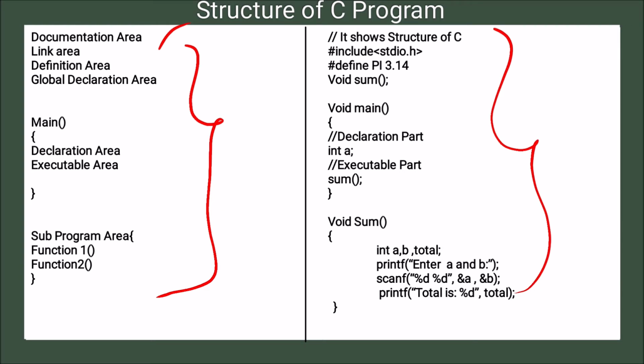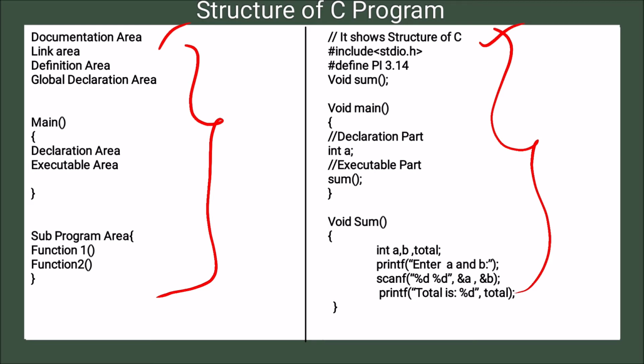The description of the program we have to write goes in this section. In comments we write what the program shows. So this is the comment section, where we can describe programs. That's why it's called the documentation area.